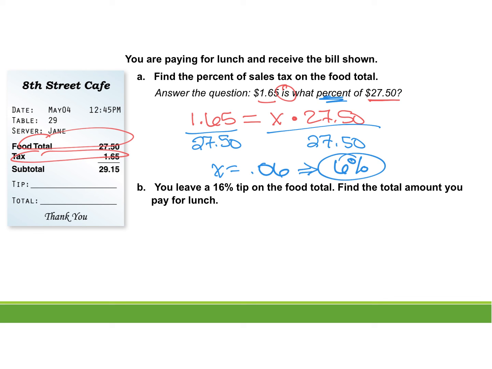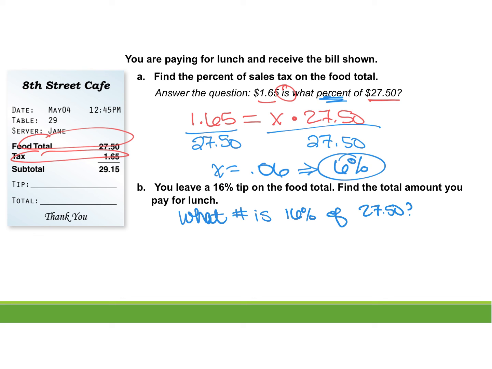So to find out how much I'm going to pay for my tip, I'm really answering the question, what number is 16% of my total food bill, which was $27.50.